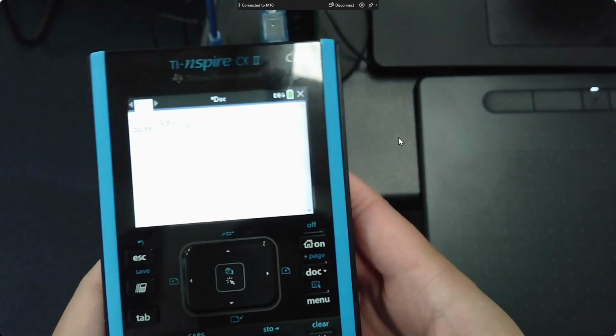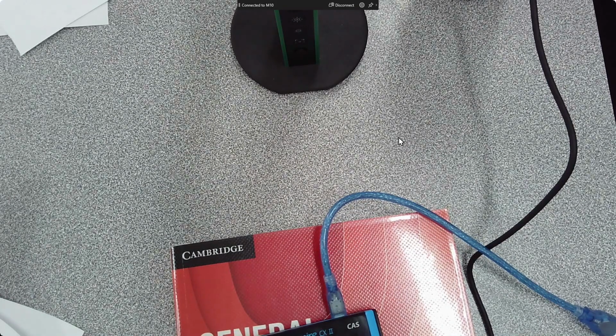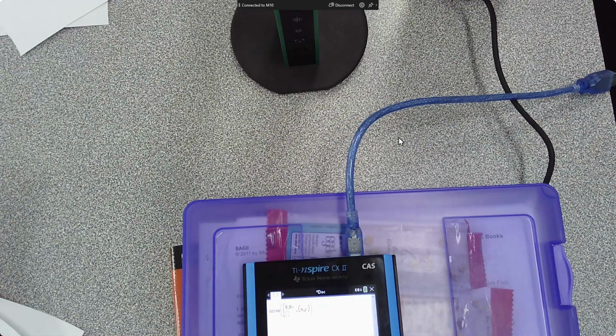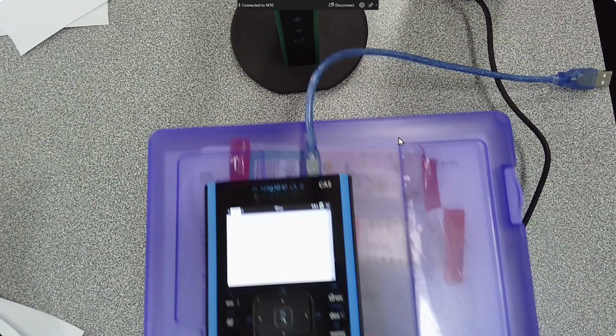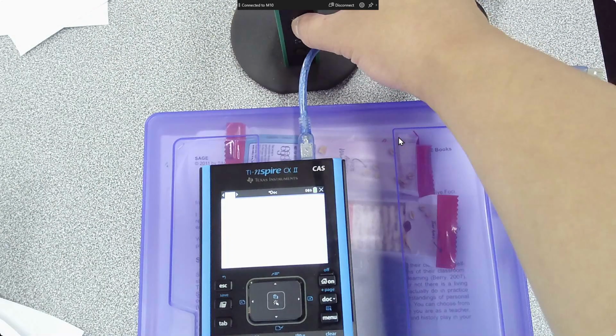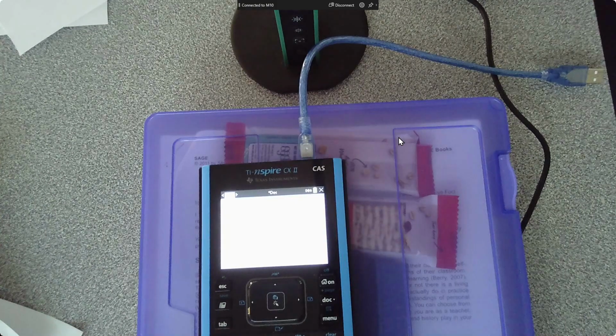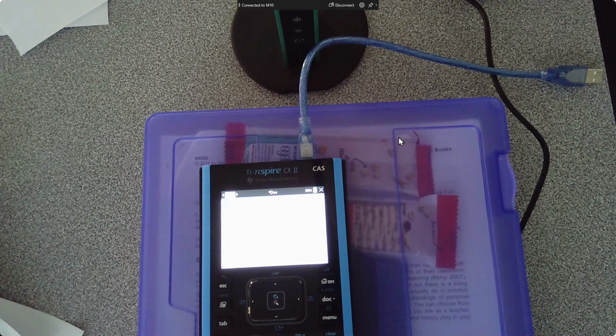Can you see that? It's way too easy to miss.